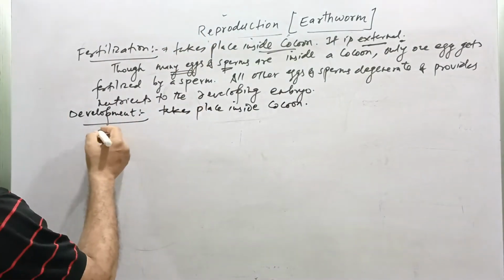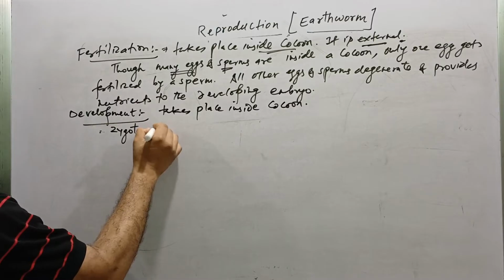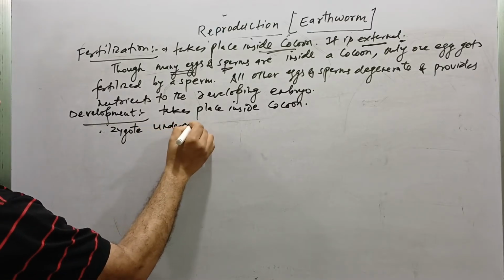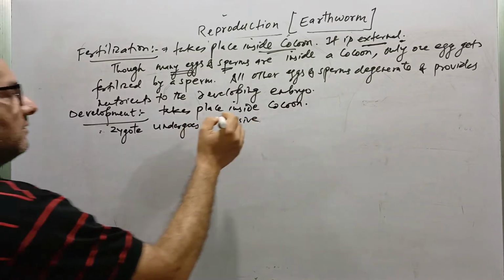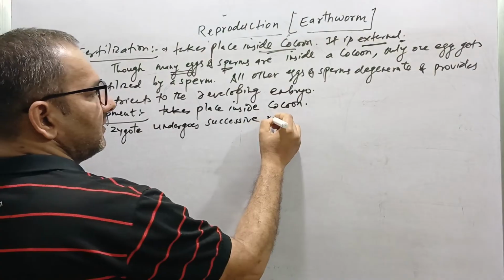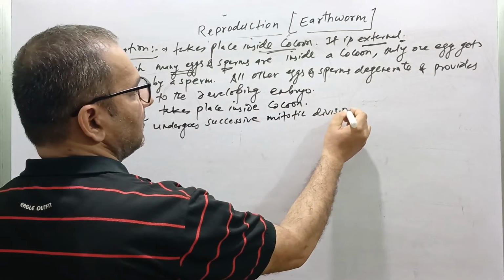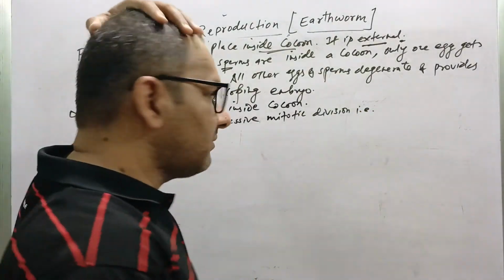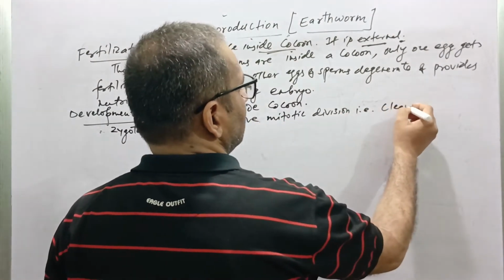So what is the first process? The zygote undergoes successive, that means repeated, mitotic division. That is, the repeated or successive mitotic division of the zygote is called cleavage.